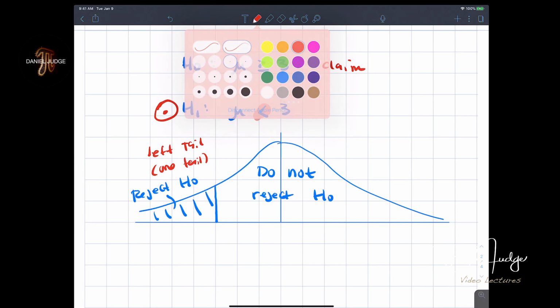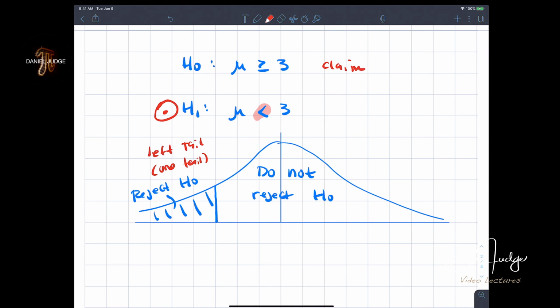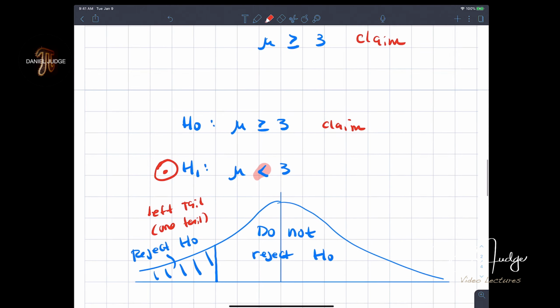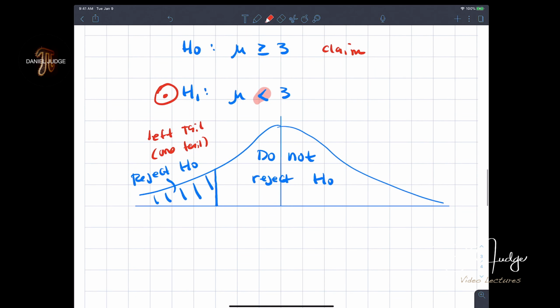Alpha, ladies and gentlemen, is our level of significance. We have to find out what that is. It says use the 10% level of significance to test this claim, 10%. So that means alpha here is 10%. What that means is 10% of the area is right in here.